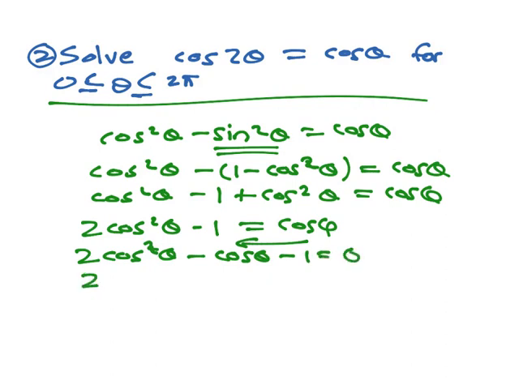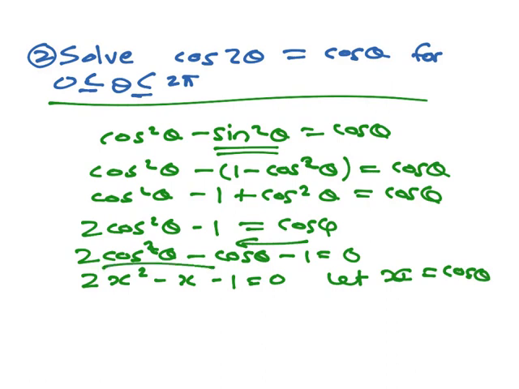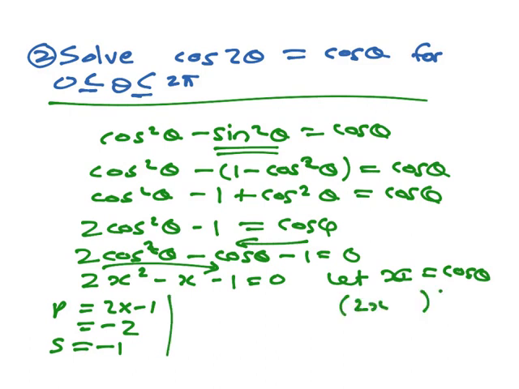So this is actually a quadratic. If you let x equal cos theta, then this is a non-monic. The product equals 2 times minus 1, which is minus 2, and the sum is minus 1. You could, of course, just factorize it straight out if you know what to do there.